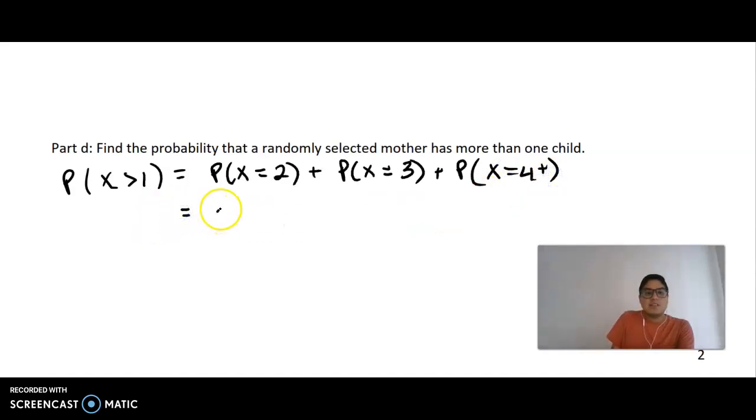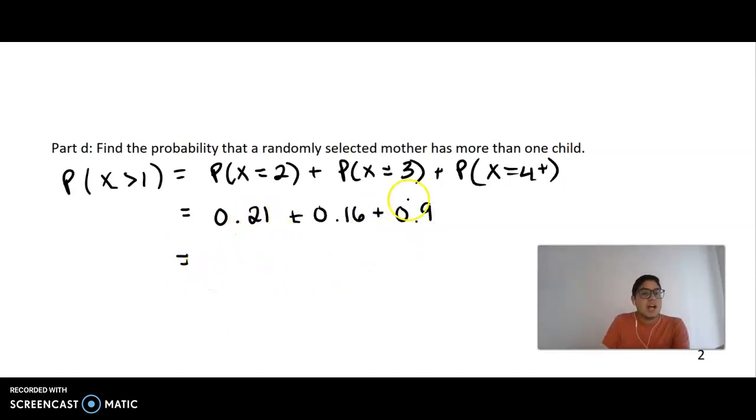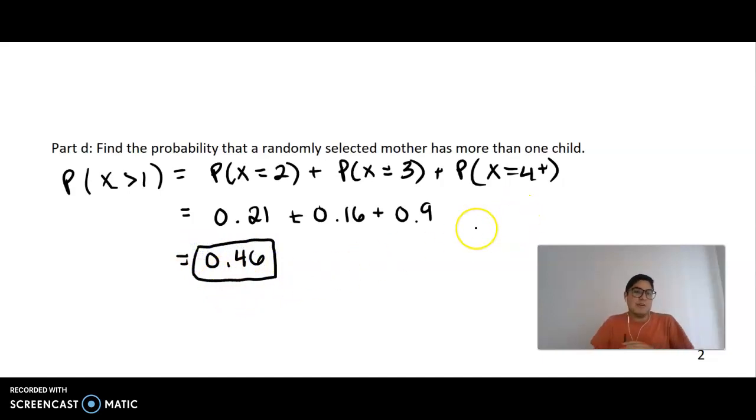Let's substitute in: 0.21, 0.16, and 0.09. The probability that a mother has more than 1 child is the sum of these, about 46%. So there's a 46% chance a mother in this sample is going to have more than 1 child.